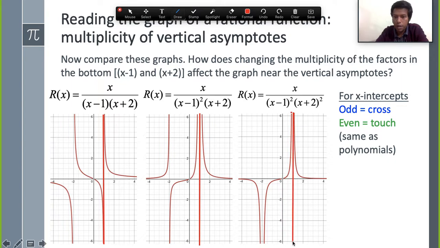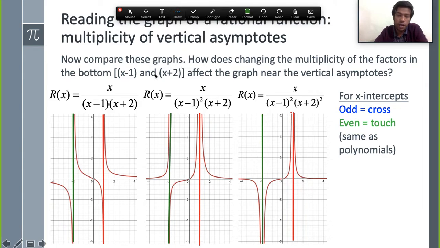And of course, this is x plus 2, so at minus 2 also you have some asymptote. Let me draw it in some other color just to make it a little clearer. The graph will be just less than a millimeter left side. Okay, so see what happens.